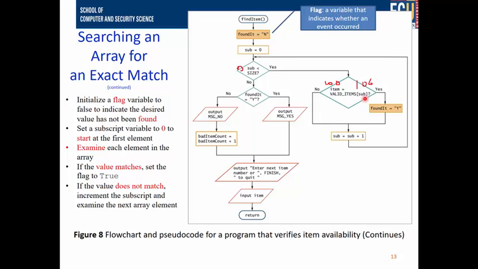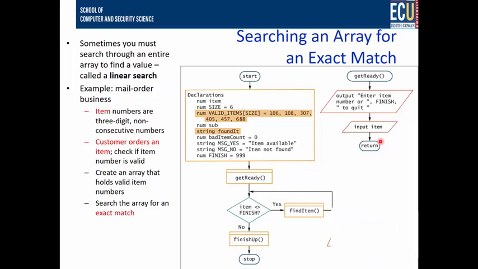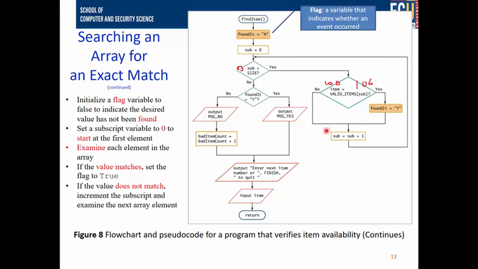It will not be matched, then it will go to the next subscript. So it will iterate through all these indexes of the array. It will compare with 108, 307, 405, 457, 688, and a match will not be found. So in this case, the variable would be n, and this statement would get executed.